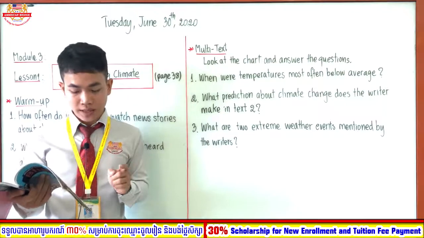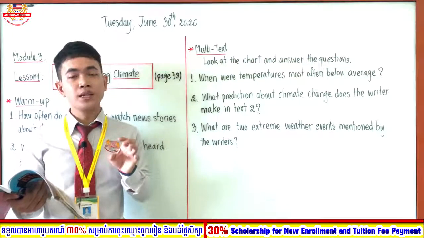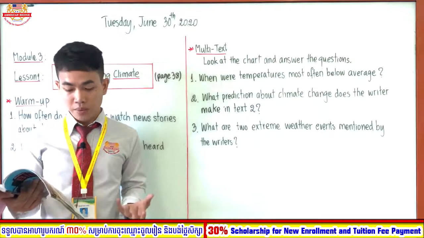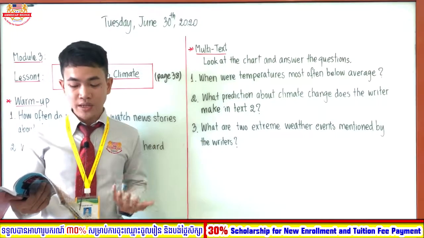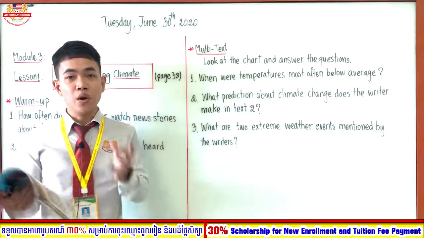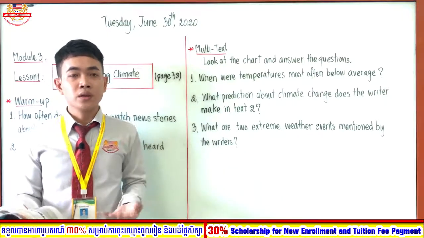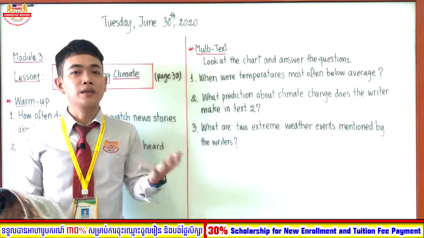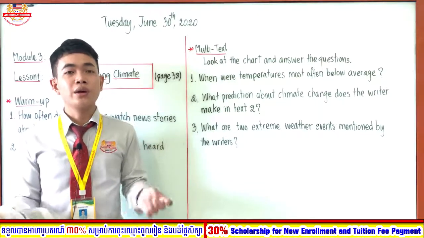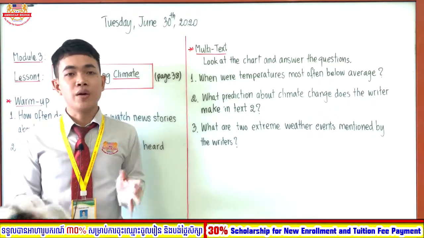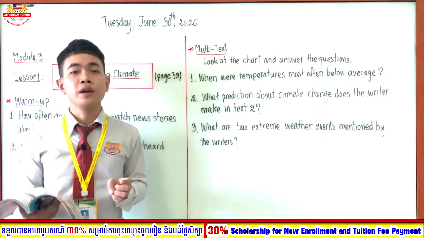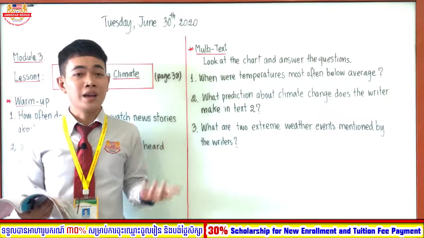Greenhouse gases are also the main reason for climate change, because they increase the land and ocean temperature. So when the land and ocean temperature is getting high, it means the weather or the climate in our country or on the earth will be affected.